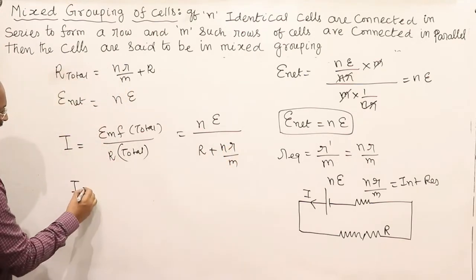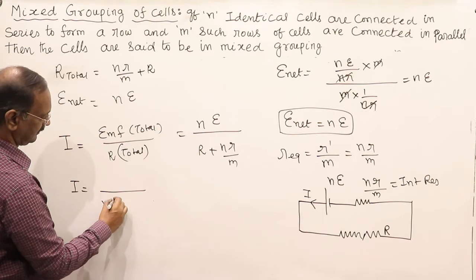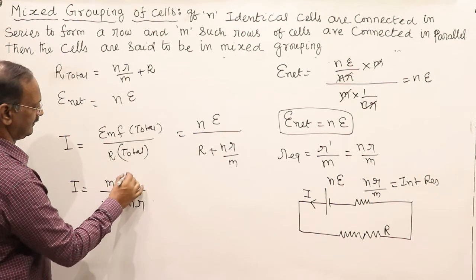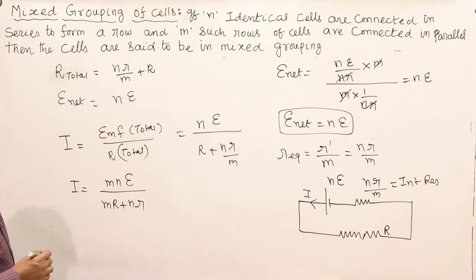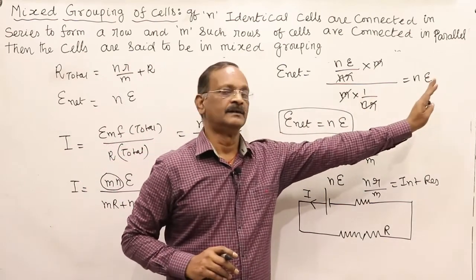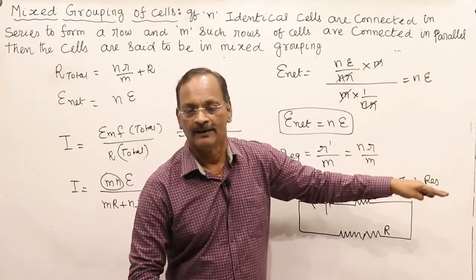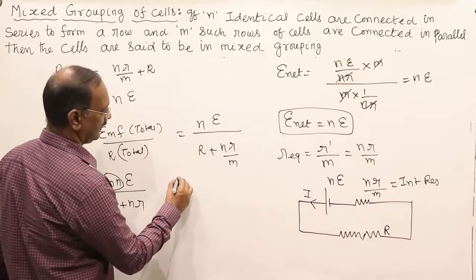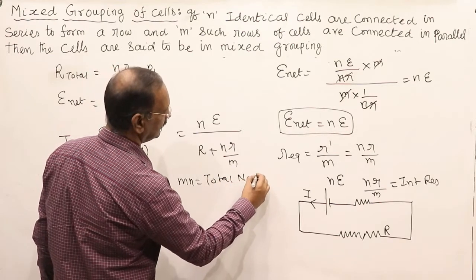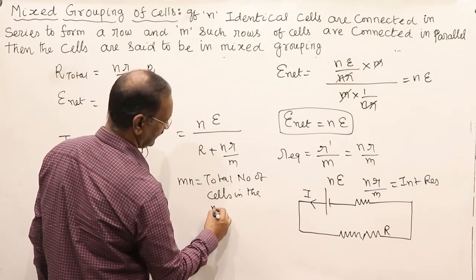Therefore, the current through this circuit, when we cross multiply, is given by m into n into EMF over mR plus nr. See, what does m into n represent? There are n cells in series and such cells are available in m rows. Therefore m into n is the total number of cells in the mixed grouping.